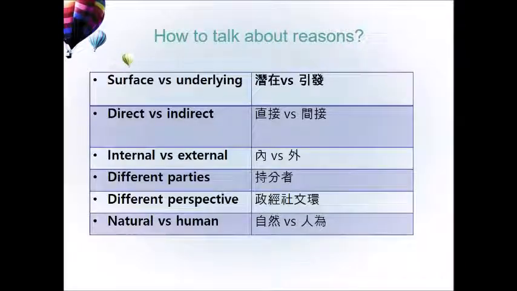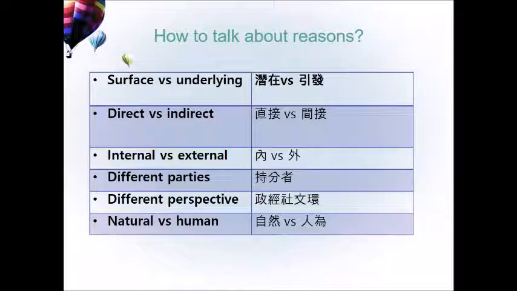And apart from the model essay, there are some frameworks for talking about reasons and solutions. For example, reasons can be surface or underlying. They can also be direct or indirect. They can also be internal or external.